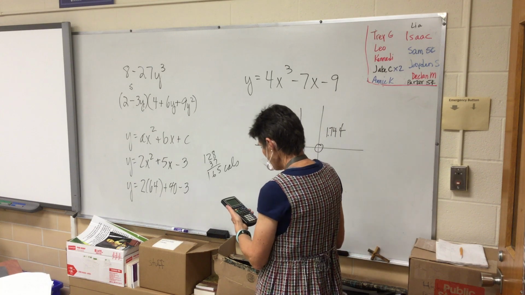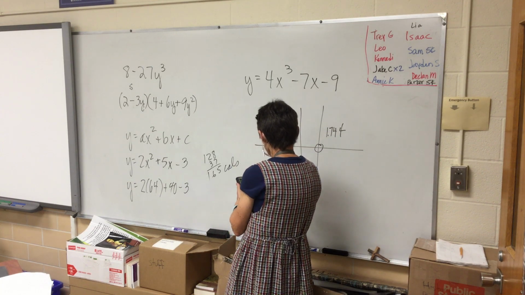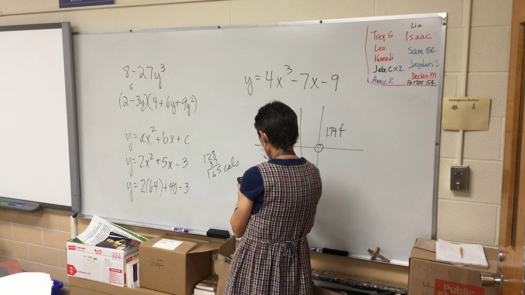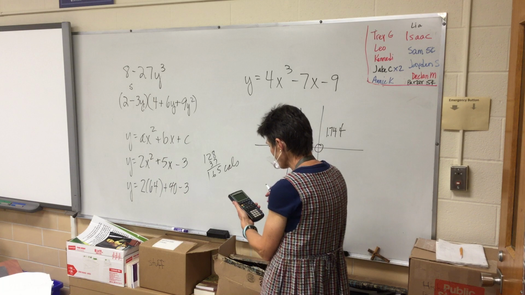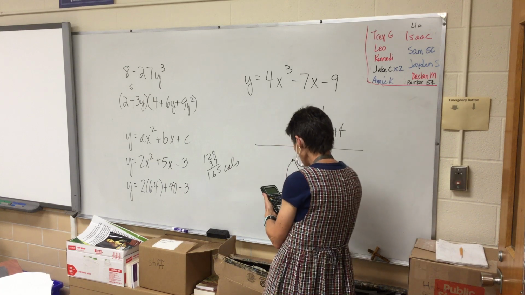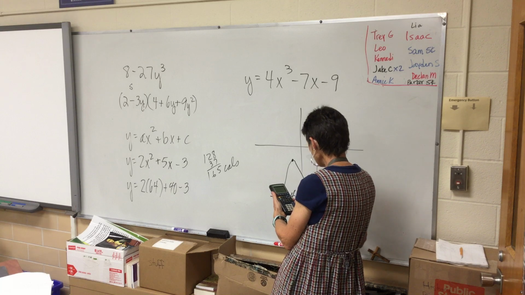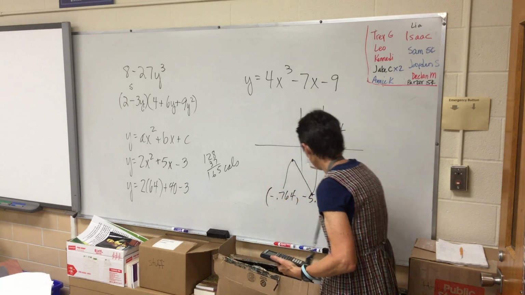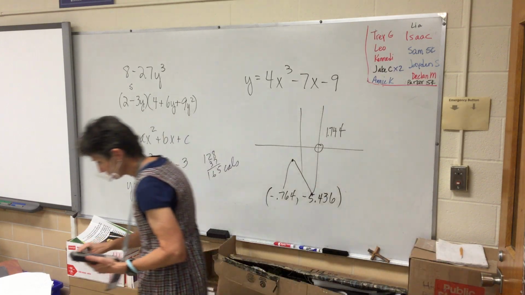What did you get for your maximum point? 0.764, if I rounded to 1,000ths, comma, negative 5.436. Does that look about right? So that's your maximum.